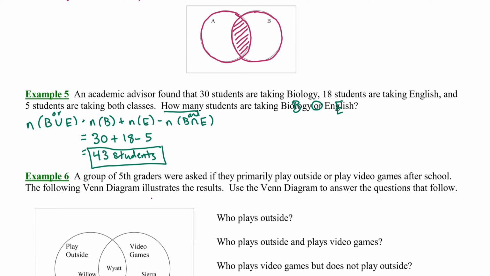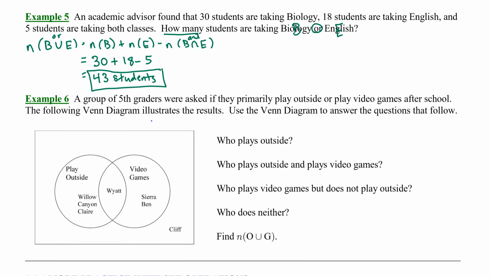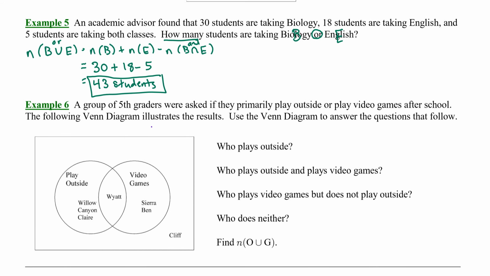Let's try another example. This example will help us to make sure we understand how to interpret the regions in a Venn diagram as well. Example 6, a group of 5th graders were asked if they primarily play outside or play video games after school. The following Venn diagram illustrates the results. Use the Venn diagram to answer the questions that follow.